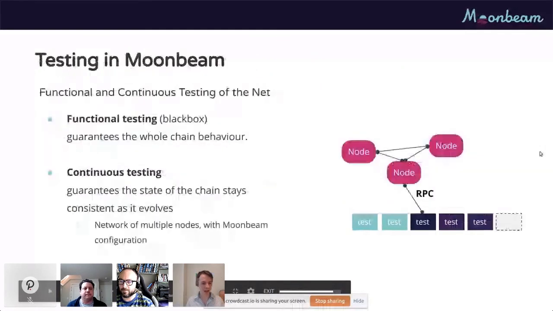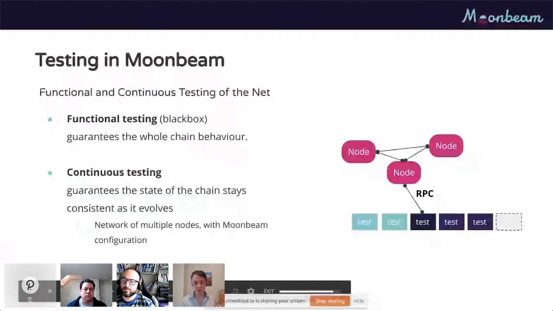Yep. And then we have a bit less common testing that is done for Moonbeam that we are working on. So you have the functional testing. It's basically testing Moonbeam as a developer, like a black box, where you don't see what's happening inside, but you want to make sure that it behaves the way that someone using Moonbeam is expecting.